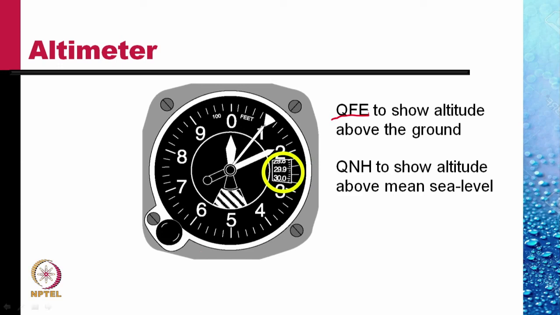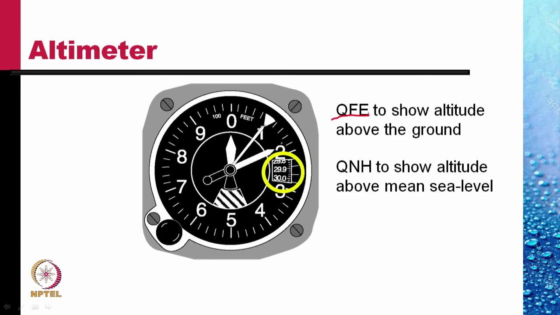QFE are the letters that indicate the altitude above the ground, above the airstrip at which you are going to land. So the pilot asks the air control tower, what is the QFE? And if he gets a reply that it is 29.96, then he sets the reading in this window, the yellow window, 29.96 in inches of mercury.